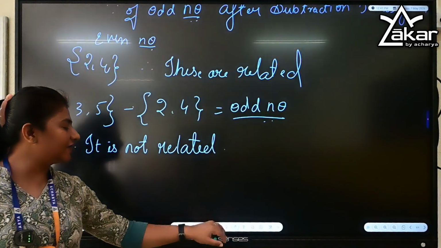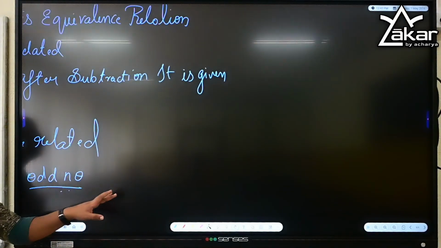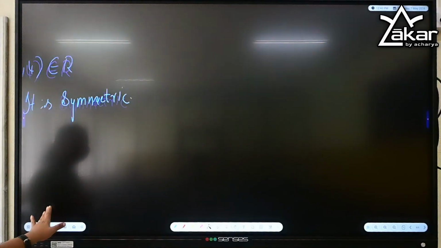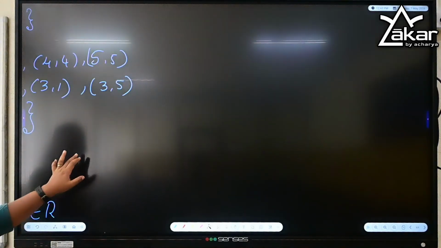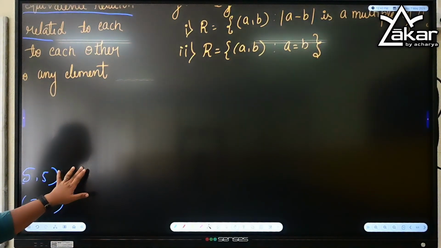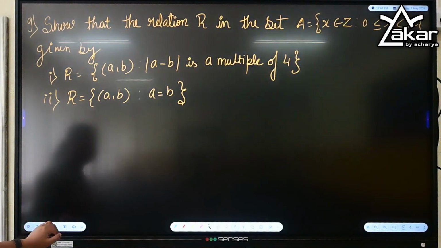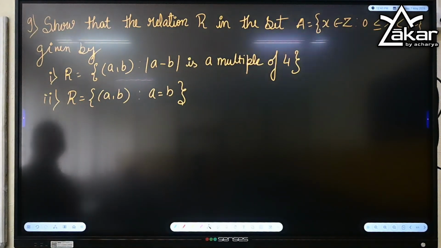So let us go for the next one. What does the next one say? Whatever elements you want to prove, make sure that you know the condition. Without knowing the condition, you cannot solve any kind of problem. So what does the first condition say?